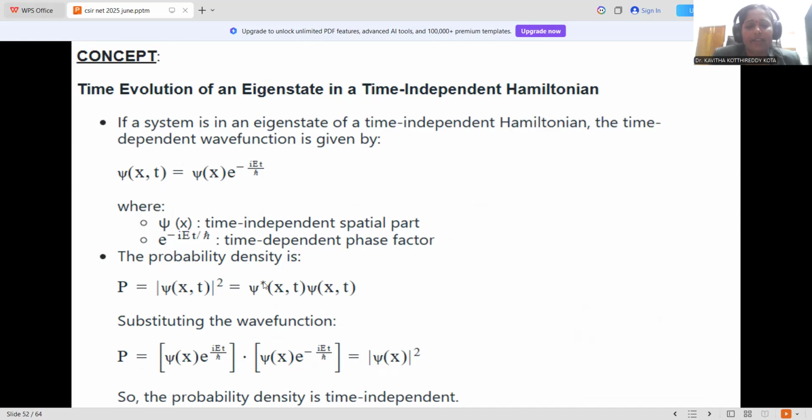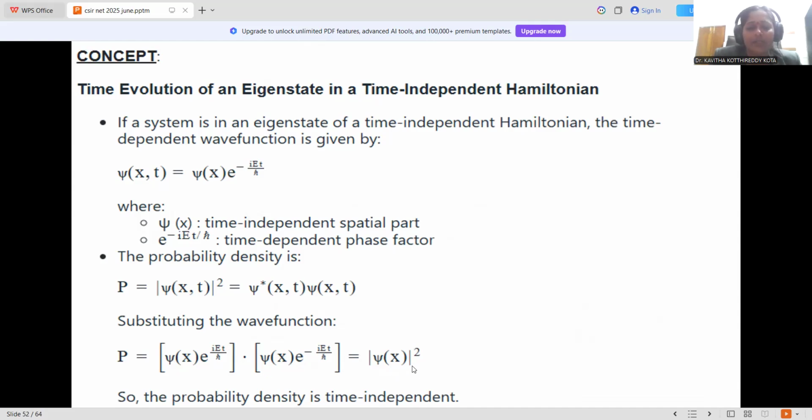Because here we have a positive sign and a negative sign, the phase factors cancel out. In the multiplication of these two, the negative and positive exponentials get cancelled, and psi x into psi x becomes psi x square.